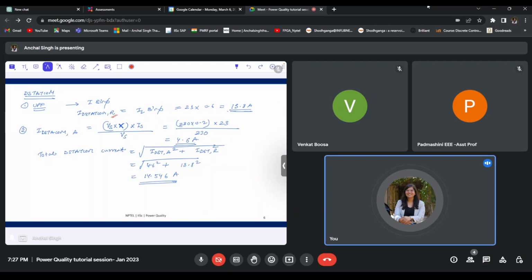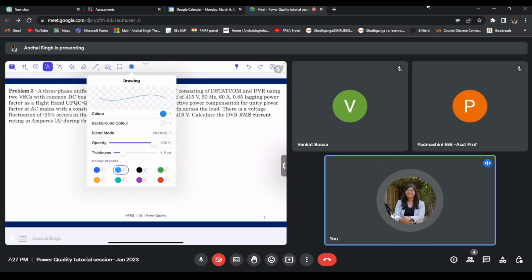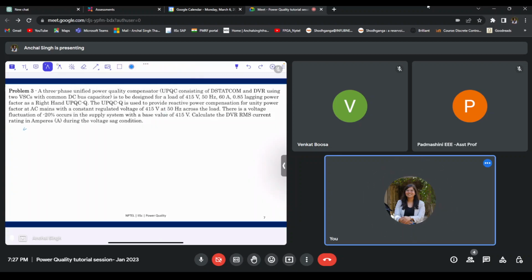So let us move on to the next problem for today. Now we are moving to three-phase circuits. A three-phase UPQC consisting of D statcom and DVR, again with a shared DC bus capacitor, is to be designed for a load. The load voltage is 415 volts and 50 hertz, and the load is 60 ampere 0.85 lagging.